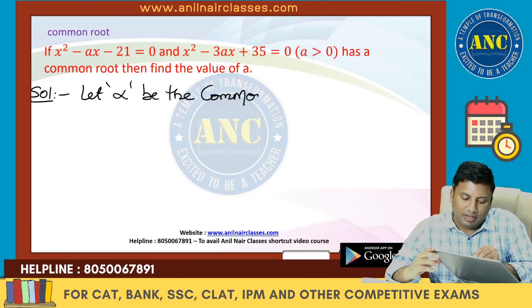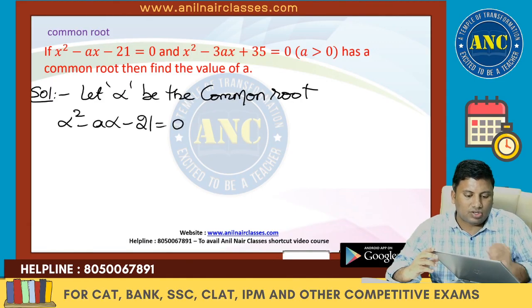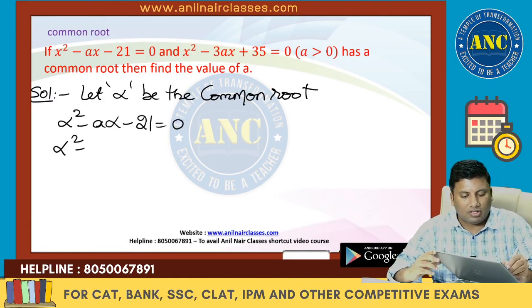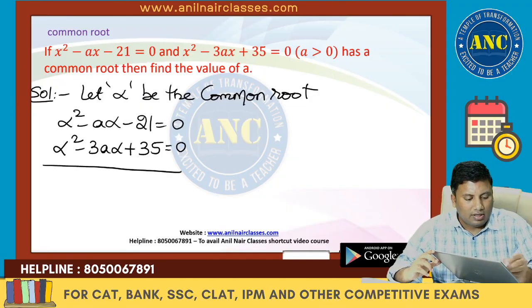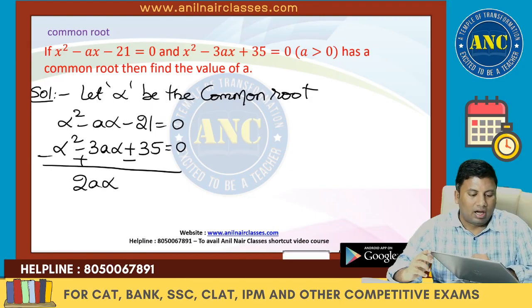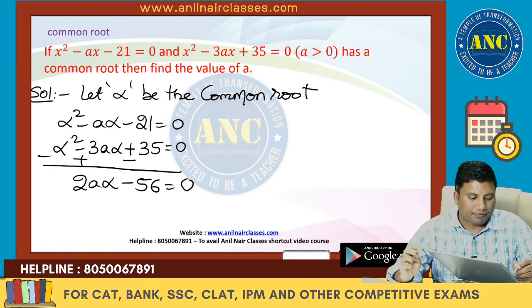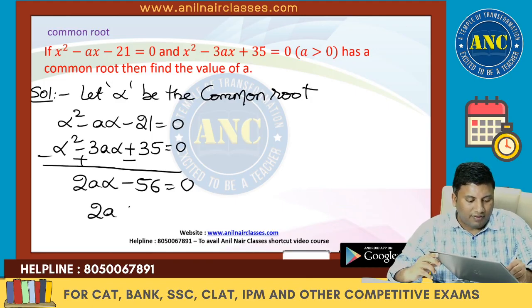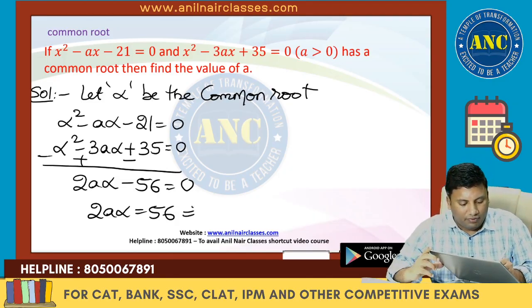If alpha is the common root, then it will become alpha square minus a alpha minus 21 is 0. Alpha square minus 3a alpha plus 35 equivalent to 0. Subtracting, these minus plus minus, is nothing but 2a alpha minus 56 equivalent to 0. 2a alpha equivalent to 56.